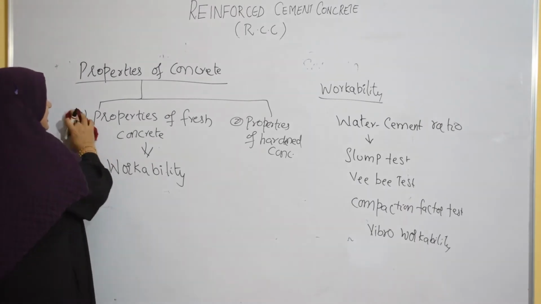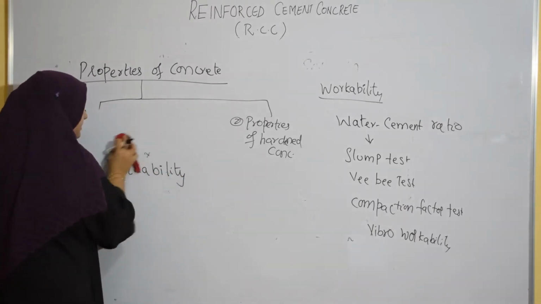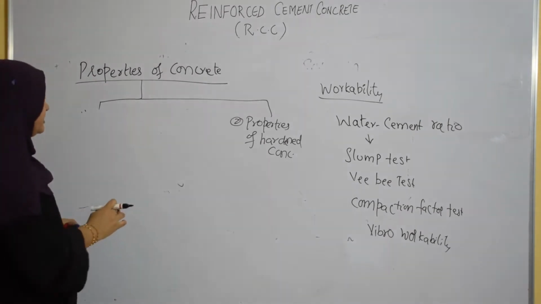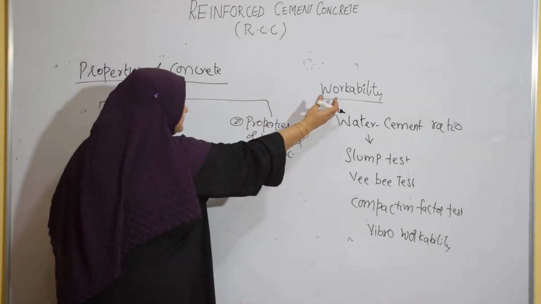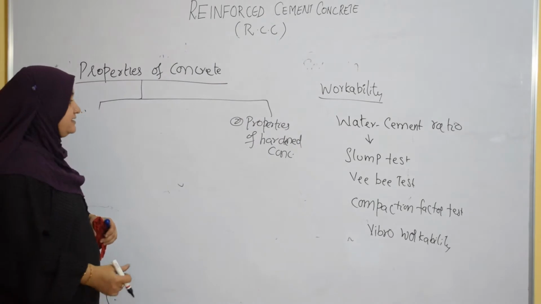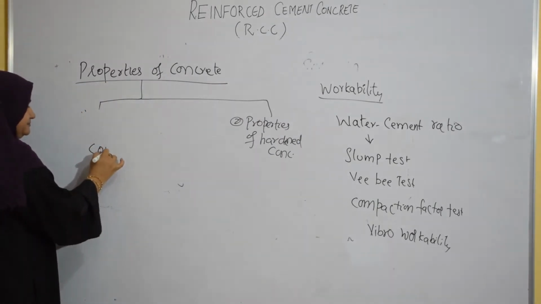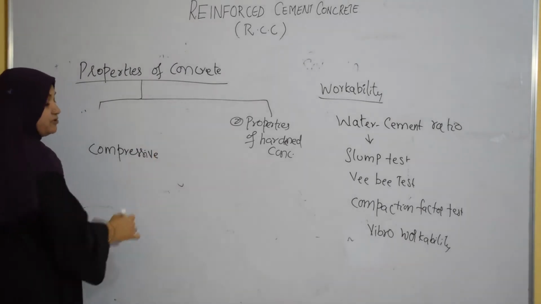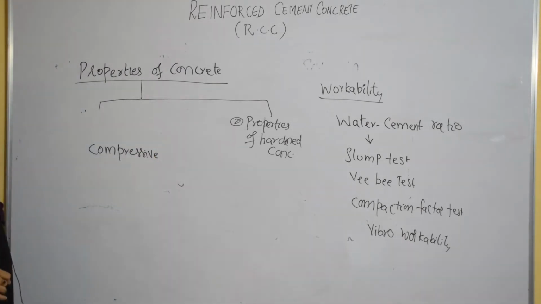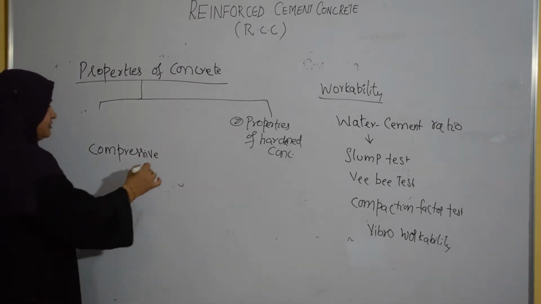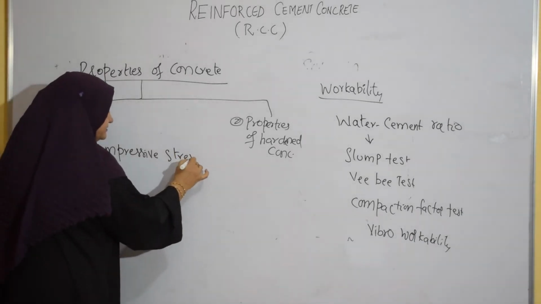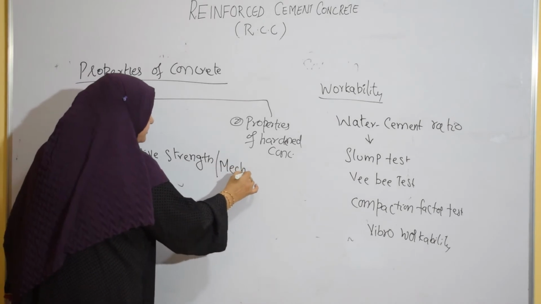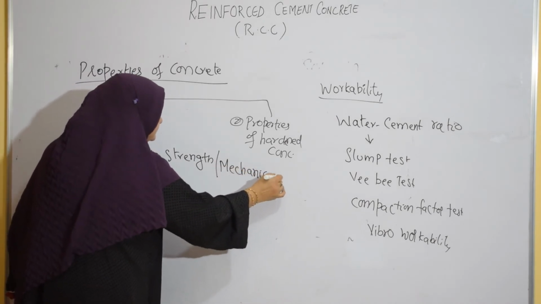Coming to the hardened property of the concrete. Just as workability was a very important property of fresh concrete, compressive strength is a very important property of hardened concrete. Compressive strength or mechanical strength, both stand for the same.